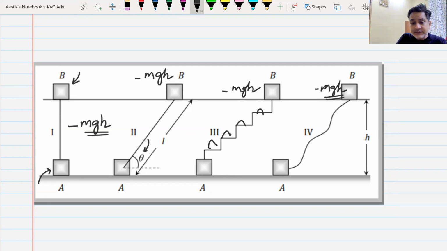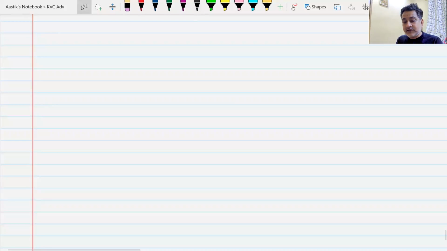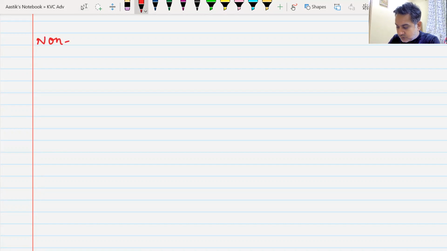And the other force that we have is known as non-conservative force. Non-conservative force is just the opposite of it. Examples of non-conservative forces are all the resistive forces, friction, and all those.